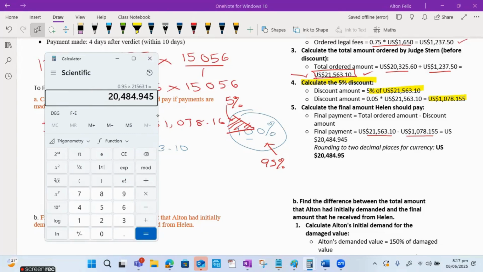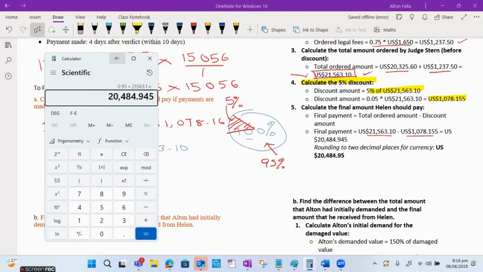So remember, we discussed that in our previous lesson. If you have a digit which is 5 or more after your 2 digits, you work in the 2 decimal places. So you will look at the digit 4, and then you add 1 to that.